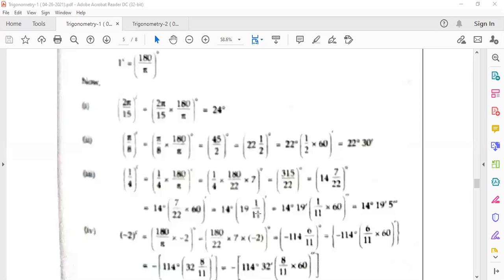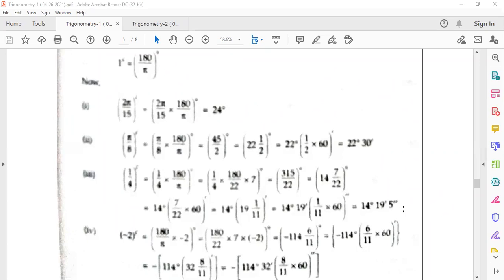This 1 by 11 minute, if it is multiplied by 60, comes into seconds. So 14 degree 19 minutes, 1 by 11 into 60, approximately 5. They have taken approximately 5 seconds. So 1 by 4 radian equals 14 degree 19 minutes 5 seconds. Actually it is approximate, not exact, because 1 by 11 into 60 is not exactly 5.